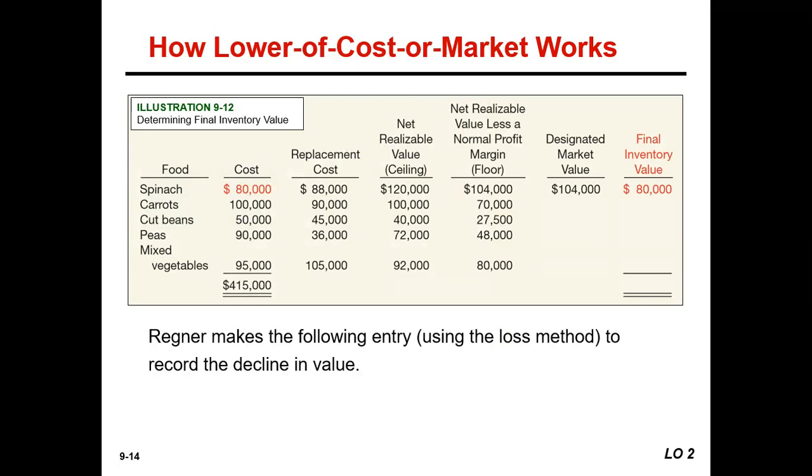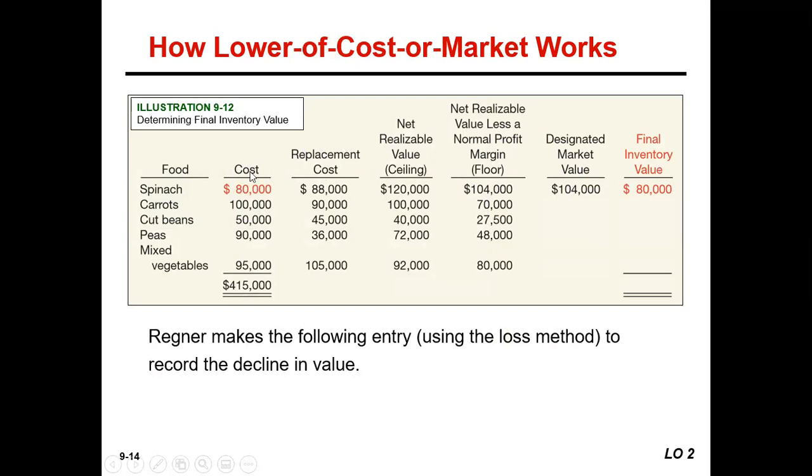So the three amounts: replacement cost, net realizable value, and net realizable value less the normal profit margin. So essentially, it's between replacement cost, net realizable value, which is the ceiling, and then net realizable value less the normal profit margin, which is the floor, right? So that's how we get that designated market value, the middle of these three numbers, essentially, right?